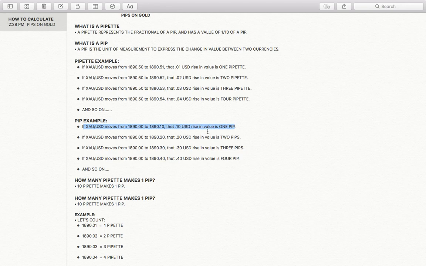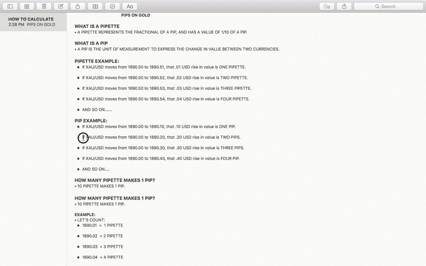So a 10-cent rise in value is 1 pip. Can you see? So actually, to get 1 pip, you need 10 pipettes, right? In gold, the pip starts from this figure here. Can you see? That's where the pip starts. Behind this is where the pipette starts, right? You're going to see more examples on that.